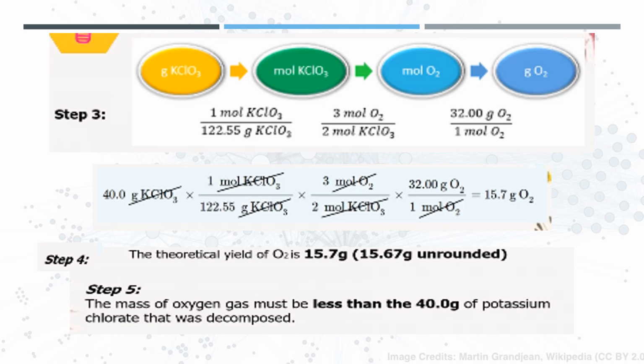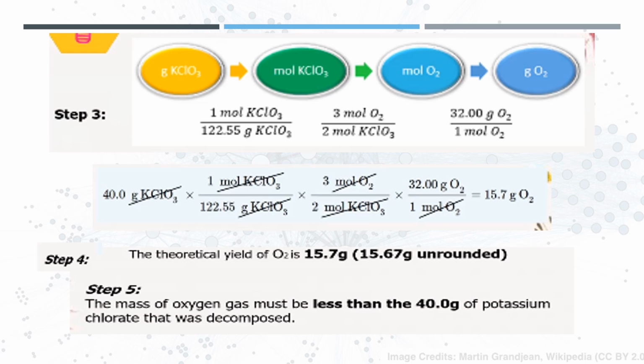In this specific example, from grams of potassium chlorate to moles of potassium chlorate, we have this ratio of 1 mole of potassium chlorate divided by 122.55 grams of the potassium chlorate. Then from moles of potassium chlorate to moles of oxygen, we have 3 moles of oxygen divided by 2 moles of potassium chlorate.